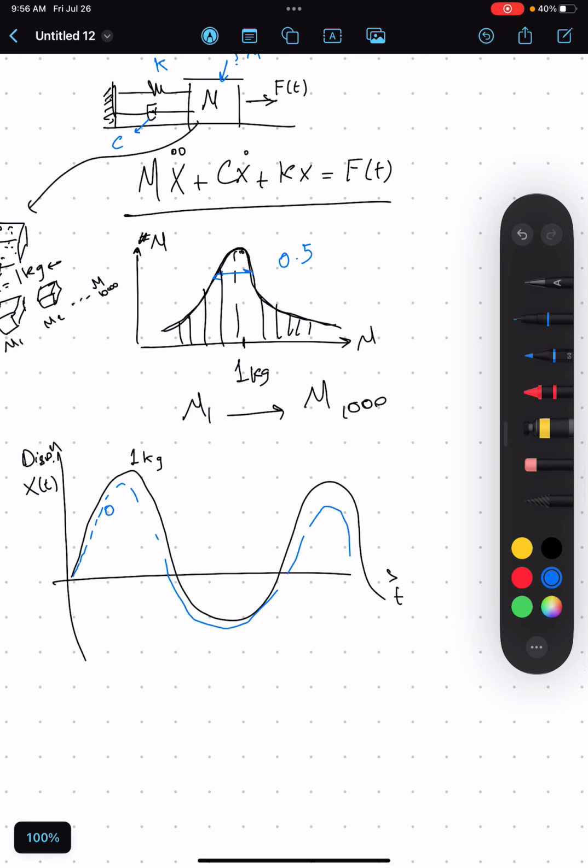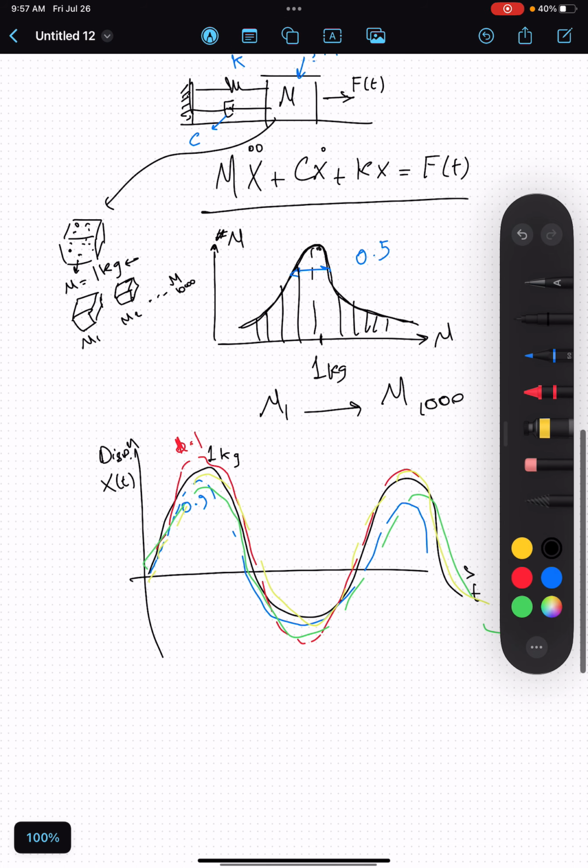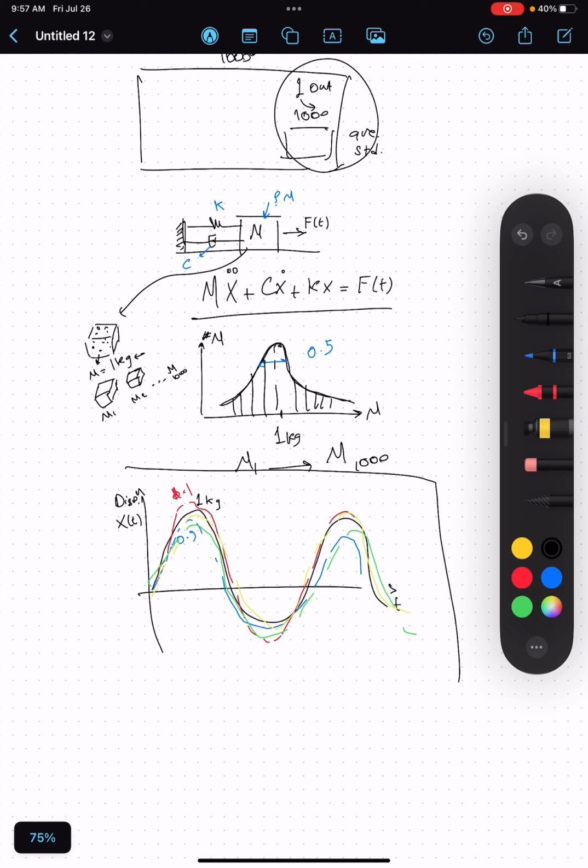This is for 0.9, and we can have another solution for 1.5, 0.1, and so we solve our system 1,000 times like this, and then we have a set of solutions with an average value and a standard deviation. So we have this group of solutions. This is our solution for non-deterministic simulation.